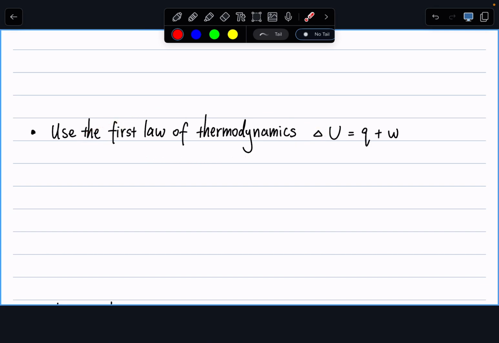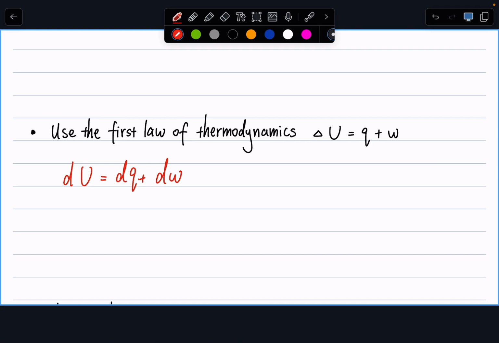Using our first law of thermodynamics, we have ΔU equals Q plus W, or the other way to put it, we can write dU equals dQ plus dW.